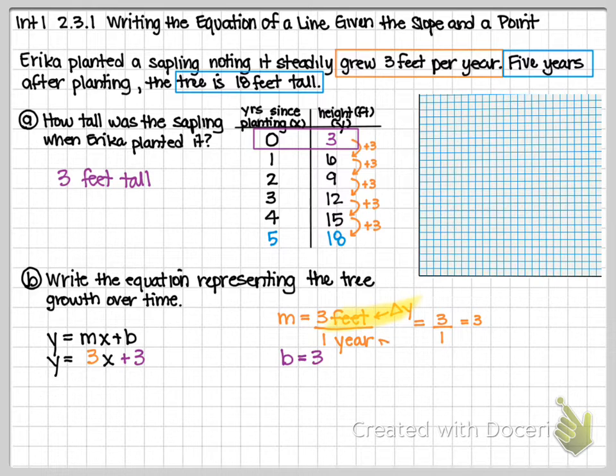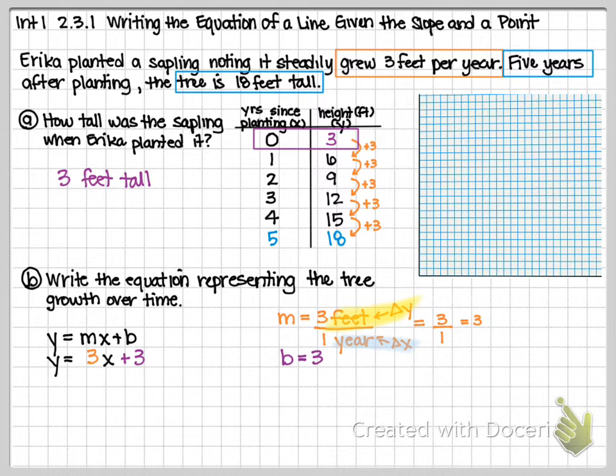Remember that the bottom of this represents the change in x, which means I expect the x-axis to be years. So go ahead and label your axes and plot your points and determine if you should draw arrows at the end of your lines or the end of your line.